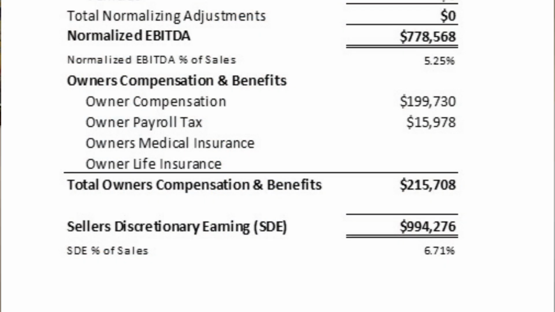In this case, the owner's compensation was $199,730, and the payroll taxes paid by the company, their responsibility, were $15,978, giving you total owner's compensation and benefits of $215,000, or seller's discretionary earnings of $994,000.